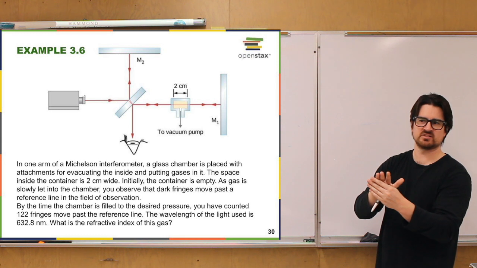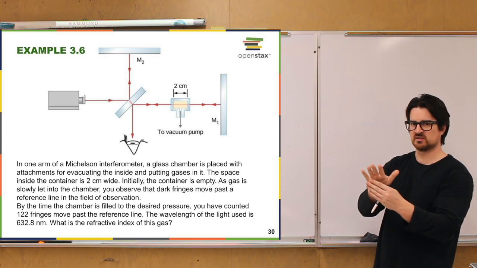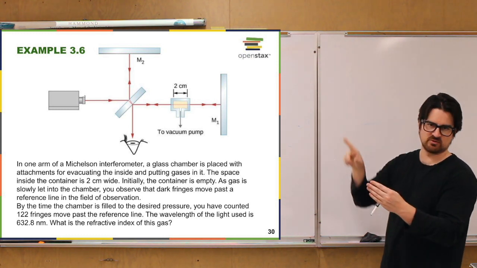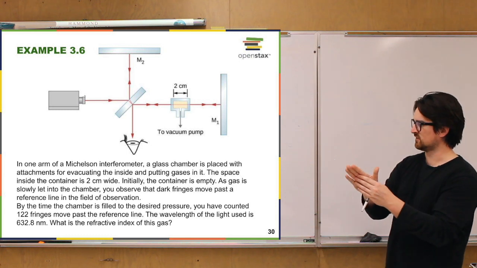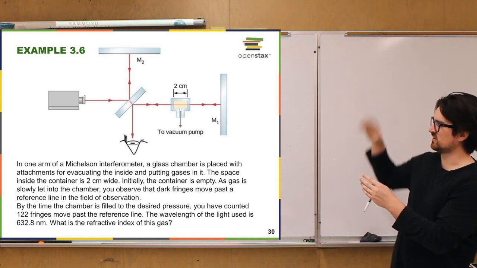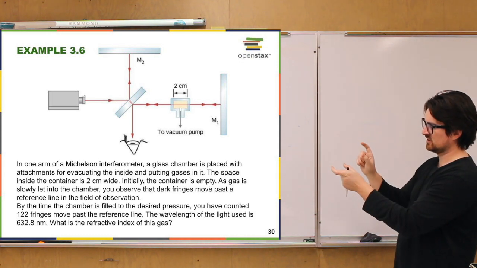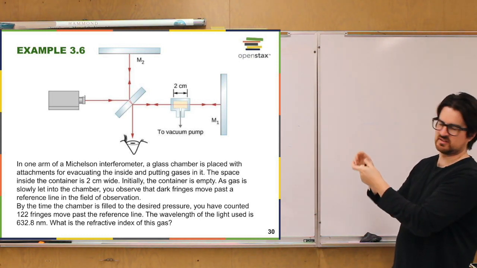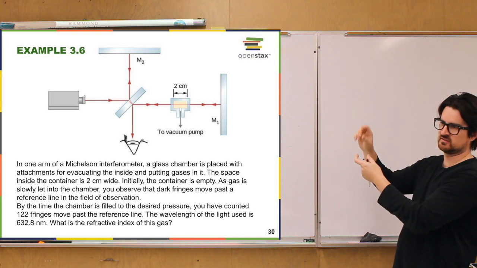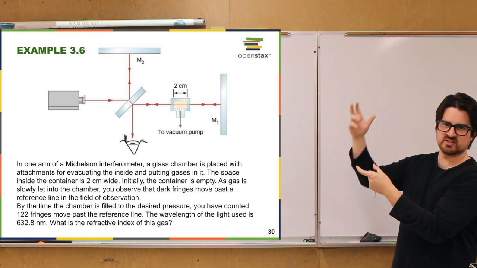So the effect of that is to start to phase shift the one ray from the other ray. So we start to shift them off from each other, and as we slowly fill up that little vessel with gas, the index of refraction in that little tank is increasing from air to whatever it is in the gas.